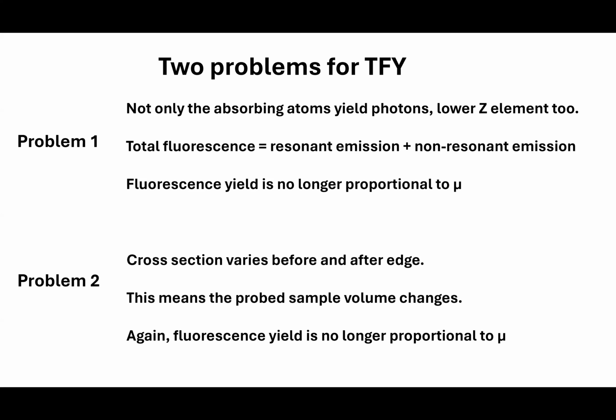For example, if we excite the material at 650 eV, that is far away from the oxygen K-edge, about 100 eV below. That is non-resonant, but it still generates emission. We're still exciting photons from oxygen. So that is the non-resonant emission.